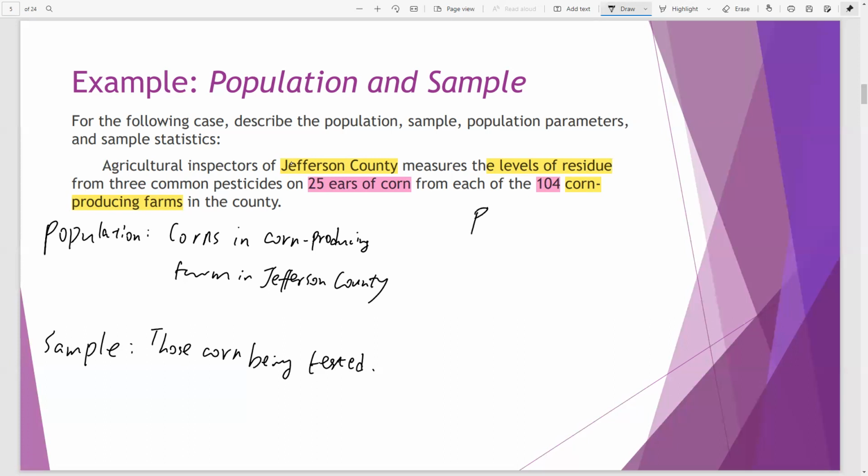Then the population parameter in this case is the level of residue.